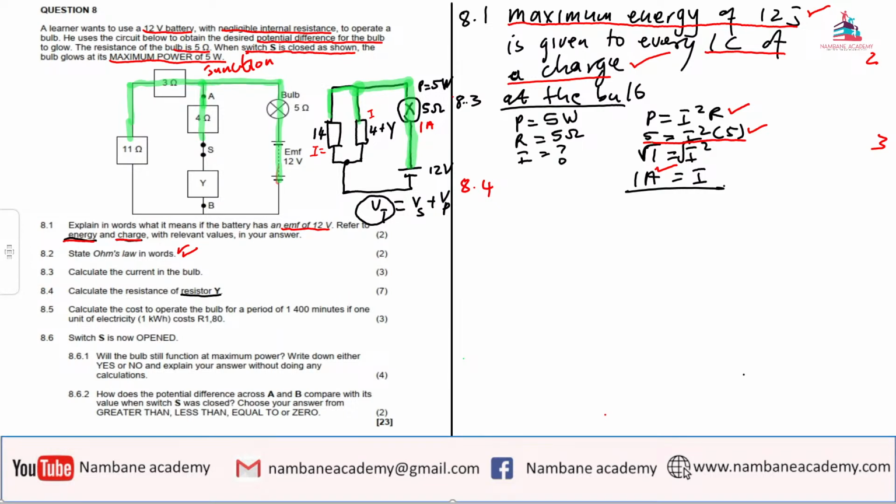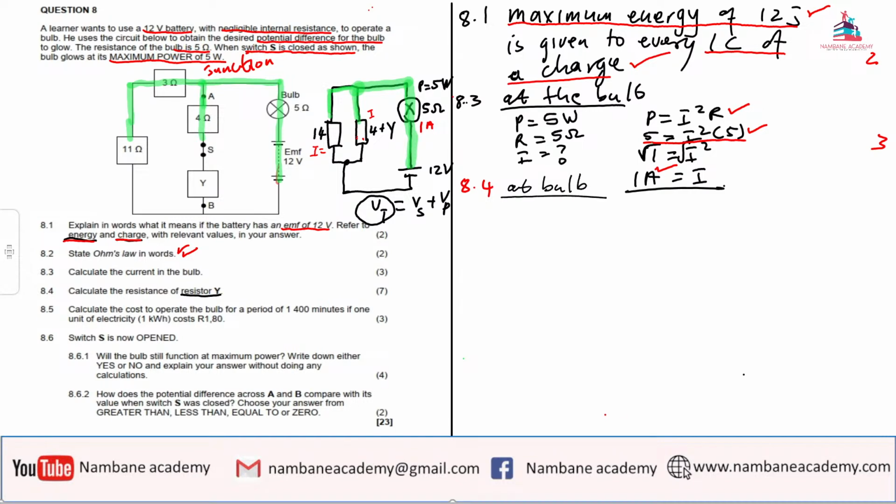Can I calculate V at the bulb? Definitely I can. I have the current that is passing there. I have the resistance there. So if I get that, I can subtract that from the 12V and get the voltage at the 14 ohm. I am at the bulb again.